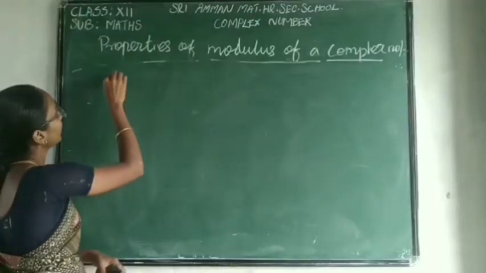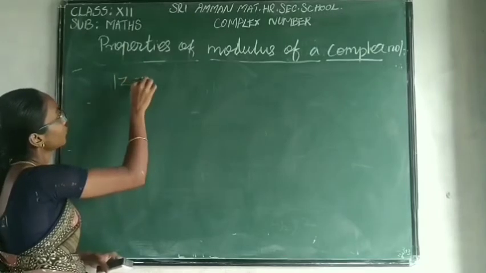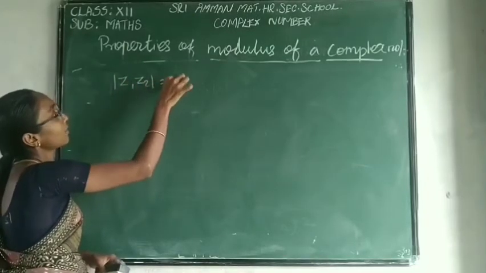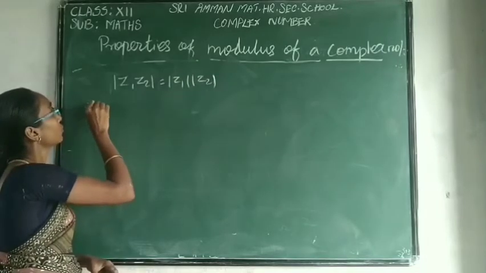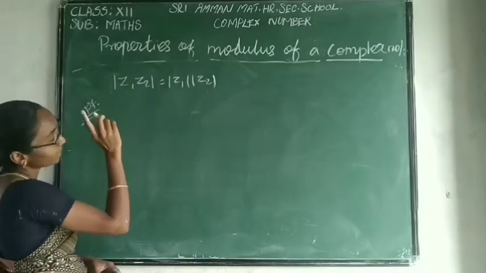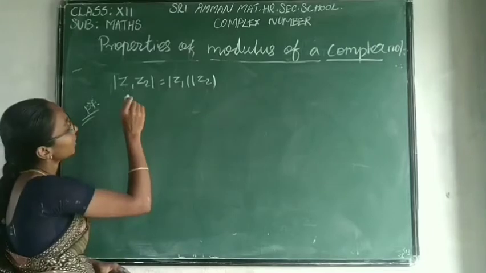Now we go to prove that the modulus of z1 z2 is equal to modulus of z1 into modulus of z2. Let us consider two complex numbers z1 and z2.